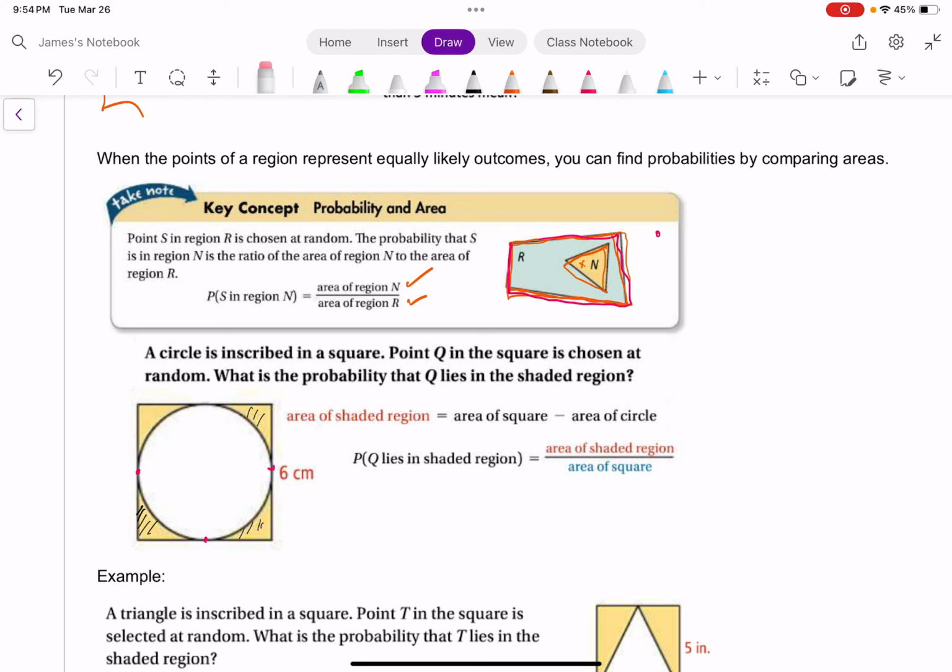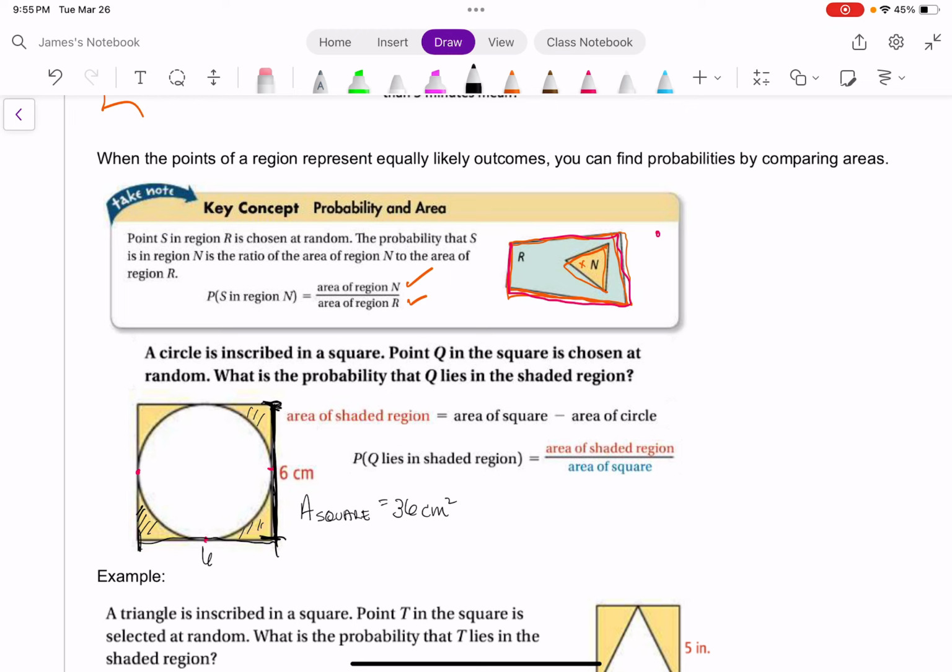But we do have the knowledge that this distance here, and they're telling me this is a square, is 6 centimeters. So is that distance, also 6 centimeters. So the area of the square is going to be 6 times 6, or 36 square centimeters.